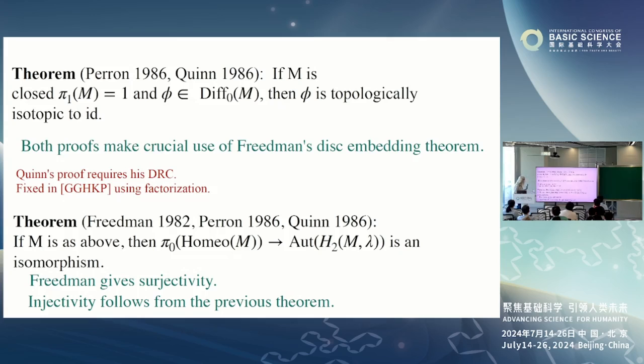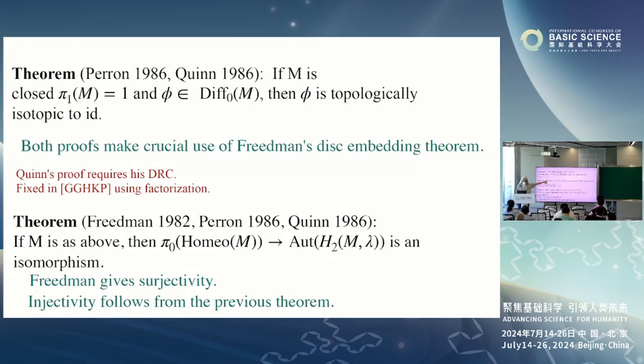foundational basic theorem that Perron and Quinn proved in 1986 using pseudo-isotopy theory. And the theorem is, if you have a diffeomorphism on a simply connected manifold that is homotopically trivial, then if it's homotopic to the identity, it's topologically isotopic to the identity.